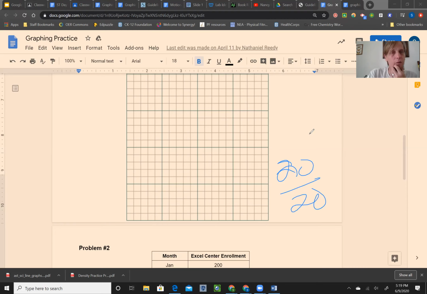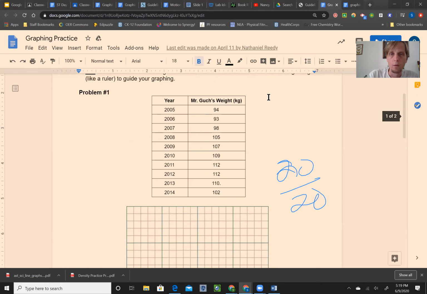Now you're not going to have a value on every single one. Go back to your data. It takes a little time every time I switch back and forth. So you're going to start at 93 and work your way up to 112.